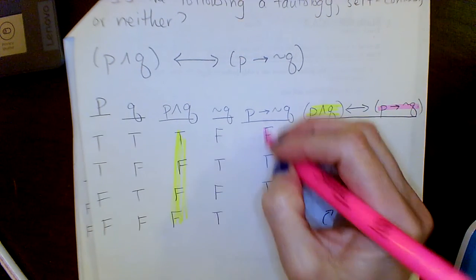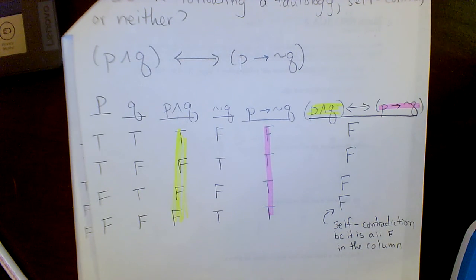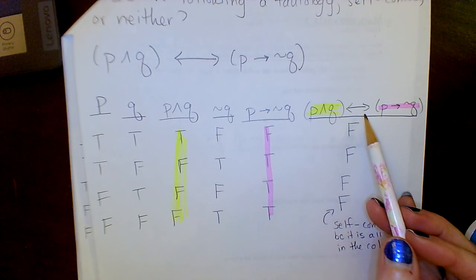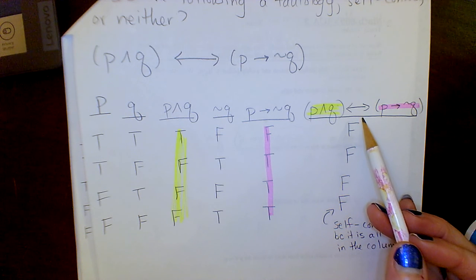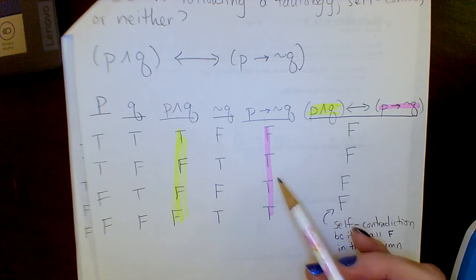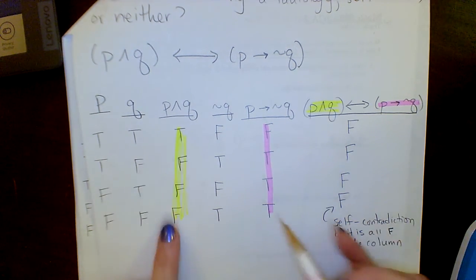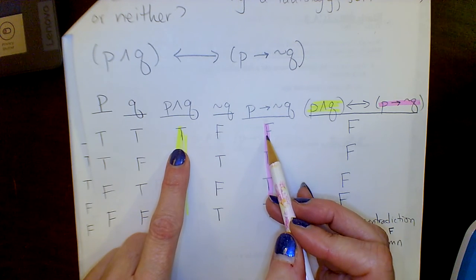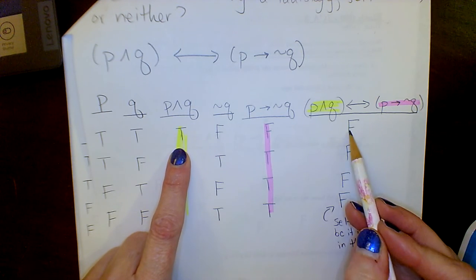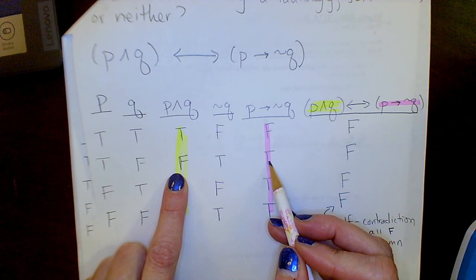And that column. Now, a biconditional statement, remember, is only true when the truth values for these two columns are the same. So, looking at these two columns, are these the exact same truth value? No. Are these the same truth value?